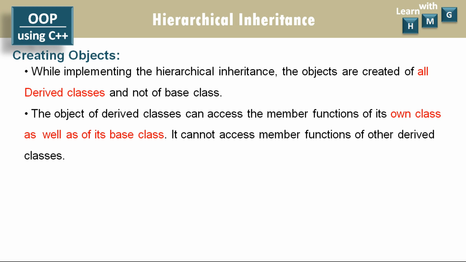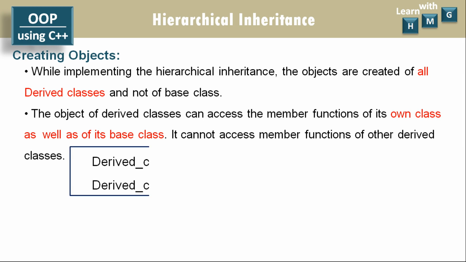So in hierarchical inheritance, there are multiple derived classes, and multiple objects are required to be created. The object of each derived class can call the member functions of its own derived class and the base class. The object of one derived class cannot call or access the member functions of other derived classes. So it is not allowed.